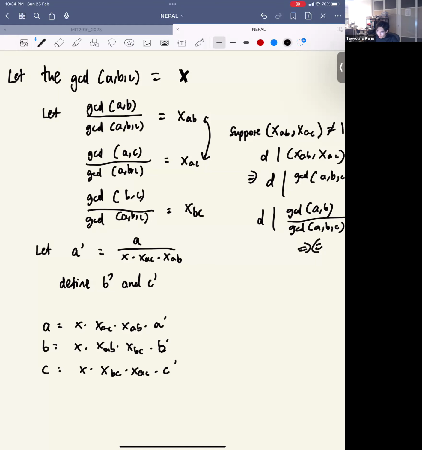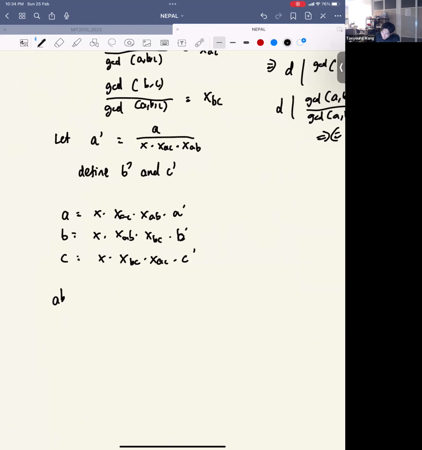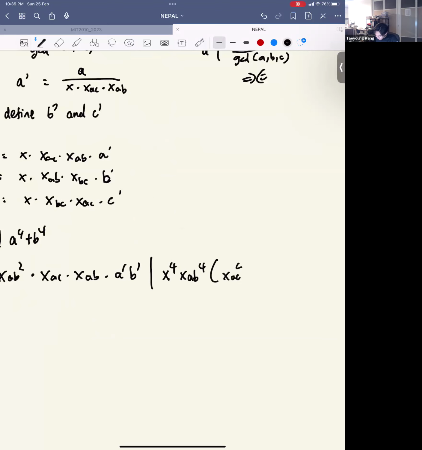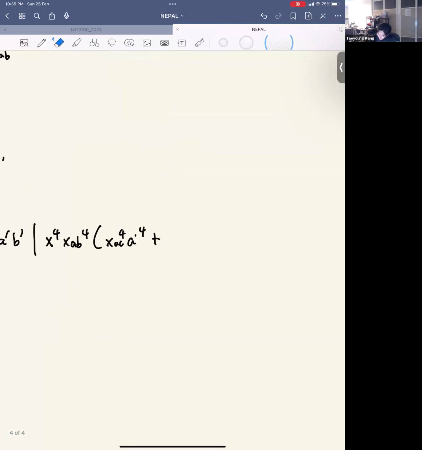So what does our divisibility condition give us? AB divides A to the power 4 plus B to the power 4 implies that X squared times XAB squared times XAC times XAB times A prime B prime divides X4 XAB4 XAC to the power 4 A prime to the power 4 plus XBC to the power 4 times B prime to the power 4.